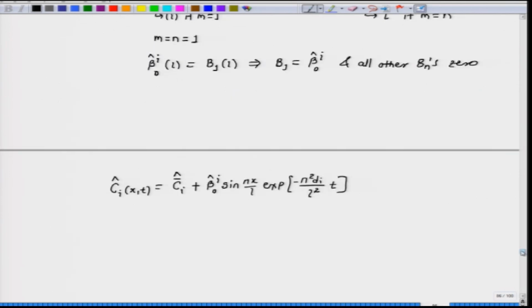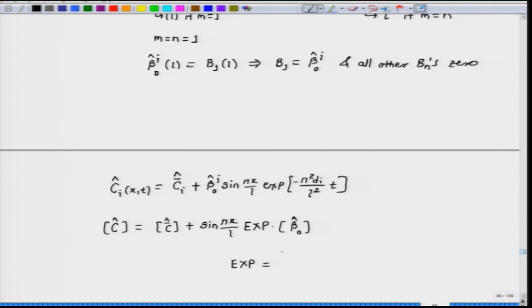And we can see, if we write for all independent components, this can be expressed in the matrix form as matrix of C cap equal to matrix of C bar cap plus sin(pi x by L) times the matrix exp, I will define soon what the matrix exp is, times the matrix of beta 0 cap. And this exp is a diagonal matrix with these exponential terms along its diagonal.